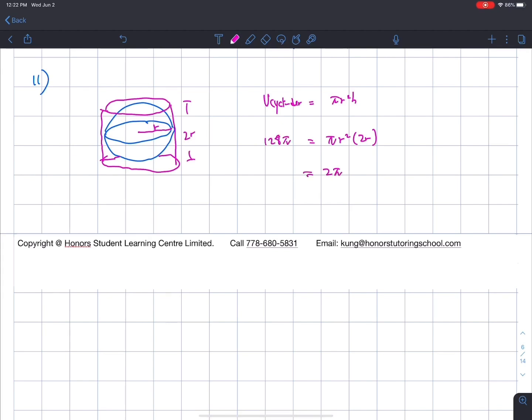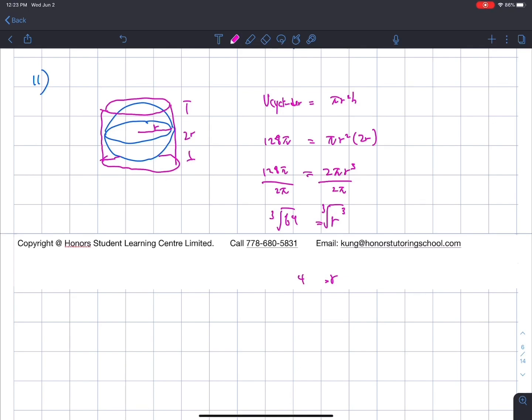So we have 2 pi r to the power 3 equals 128 pi. Now we can divide both sides by 2 pi. We get r to the power 3 equals 64. And then we take the cube root on both sides. We get r equals 4.